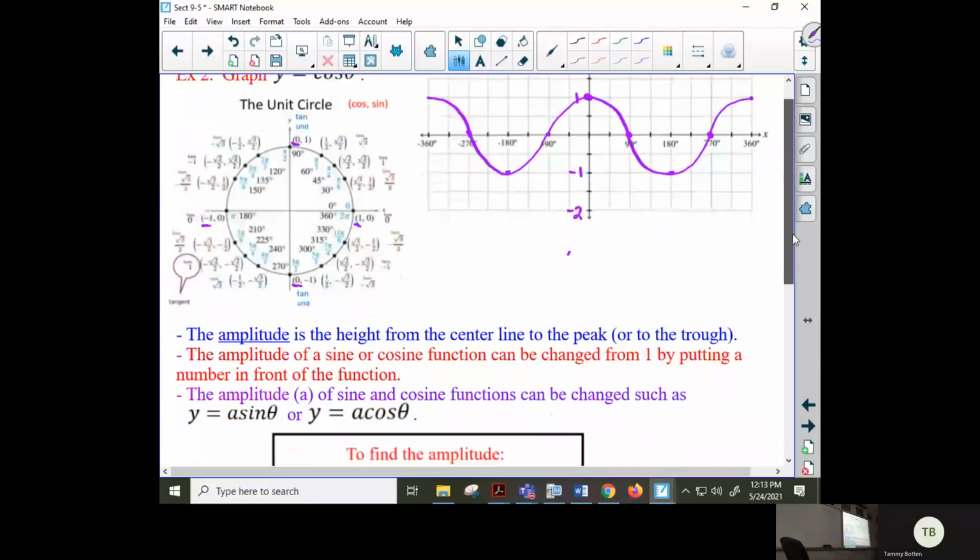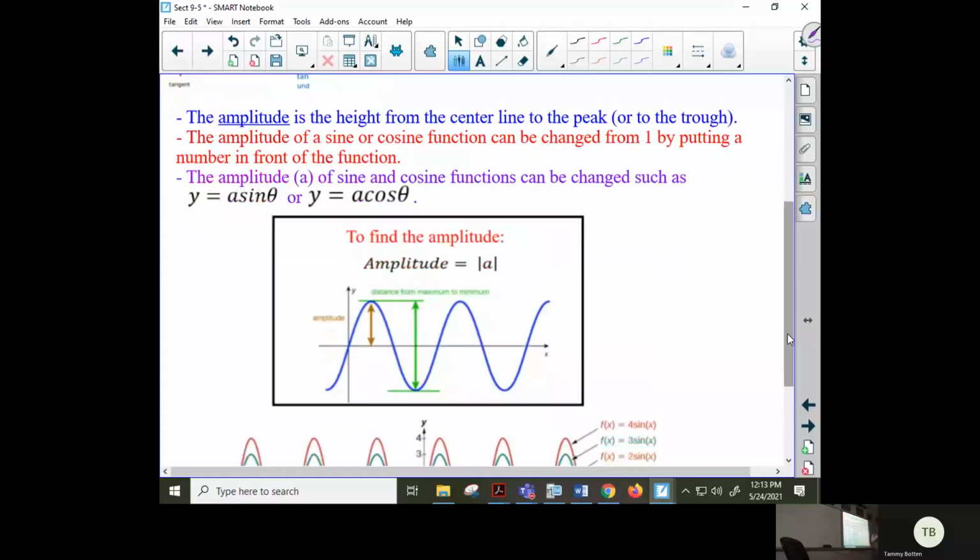Okay, now, right away what they have you start doing is making changes to the normal sine function and the normal cosine function. And one way they can do that, if they put a number in front of sine theta or cosine theta, they're changing what's called the amplitude of the graph. And the amplitude is the distance, this is called your midline right here.